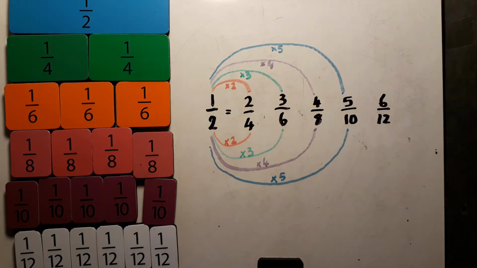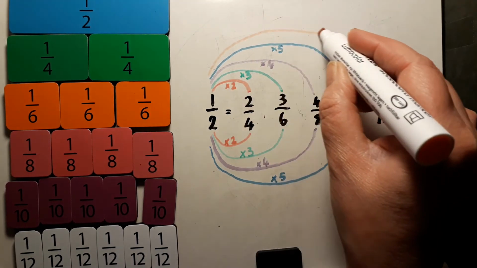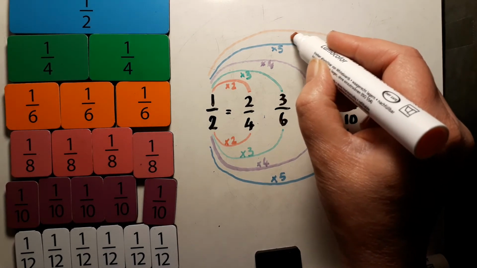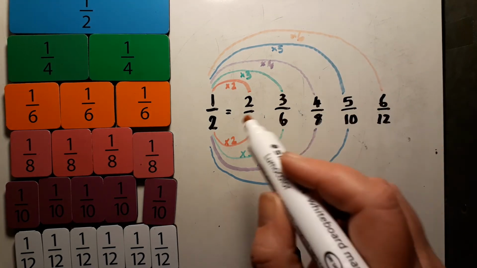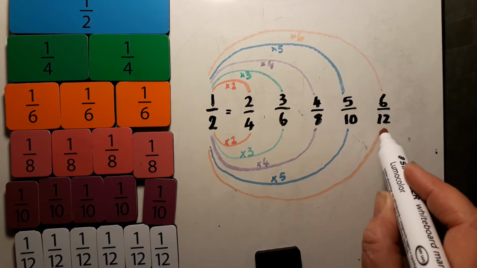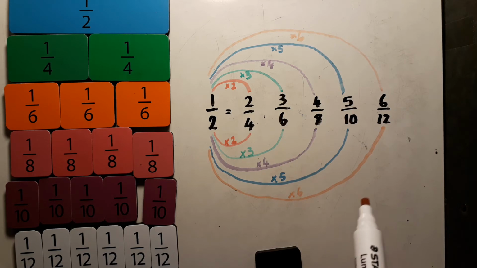And my last example that I'm going to show you is here, where I'm multiplying by 6. 1 multiplied by 6 is 6, and here multiplying by 6 would give me 2 multiplied by 6 is 12.